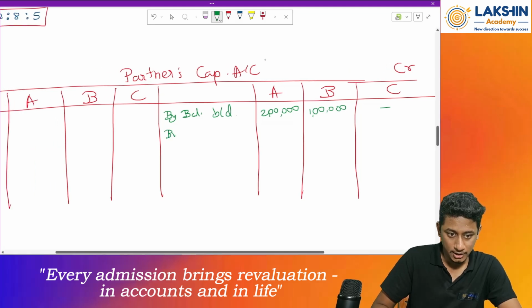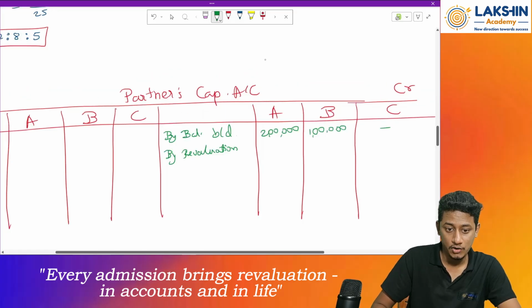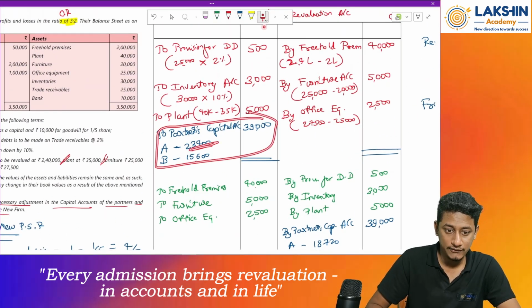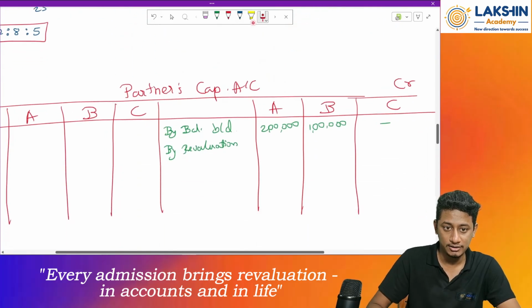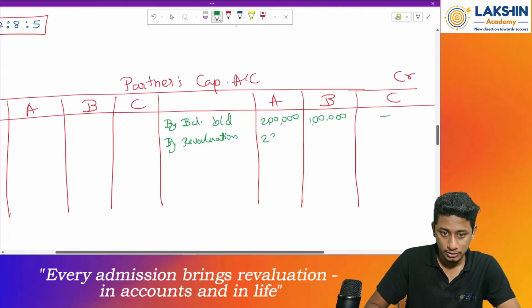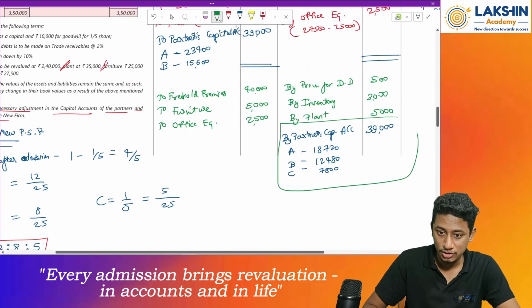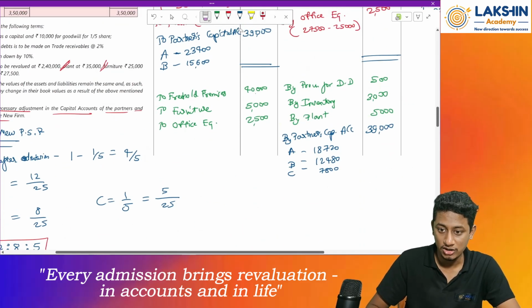Then what else? By revaluation account. What is the revaluation account for? The income or the profits. This part: 23,400 and 15,600. Then again, there are some losses to be shared. Remember, there are some losses to be shared.